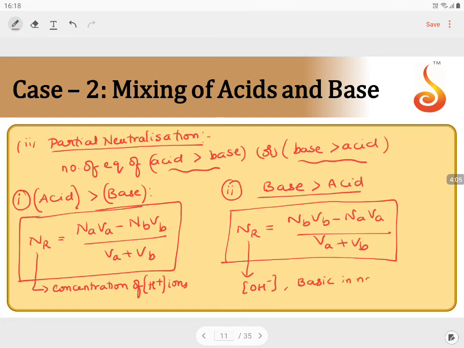In the earlier case, the resultant solution will be acidic in nature. So these are the conclusions: if acid exceeds base, then (Na Va minus Nb Vb) by (Va plus Vb); if base exceeds acid, then (Nb Vb minus Na Va) by (Va plus Vb). This is the formula to determine the resultant normality of the solution when it undergoes partial neutralization.